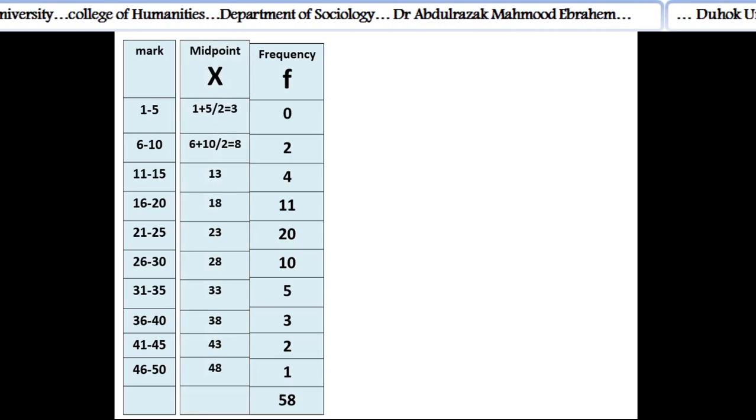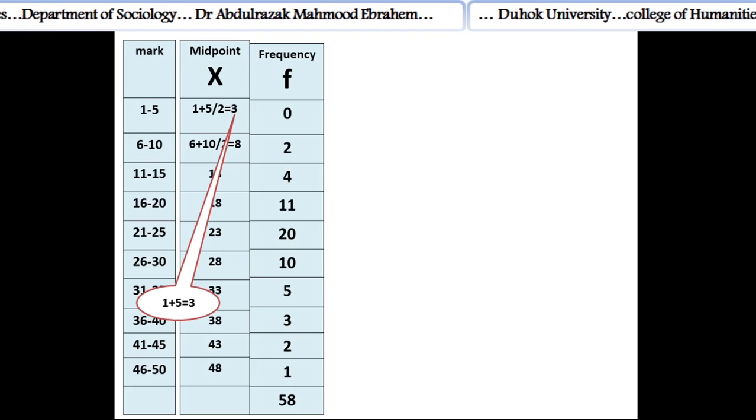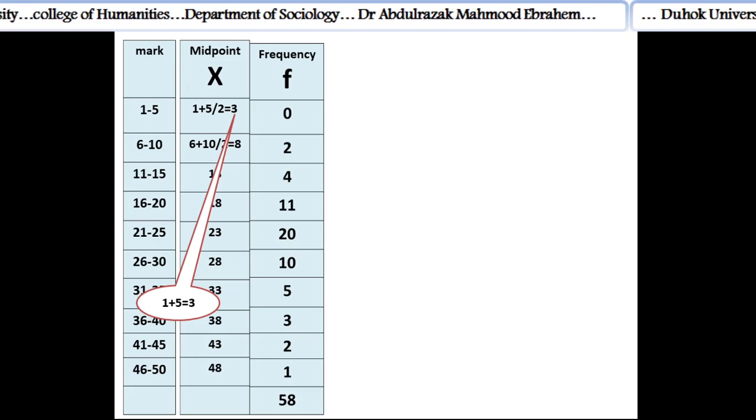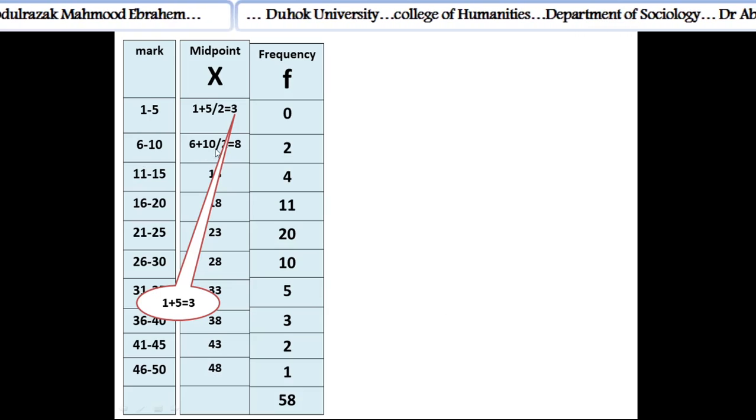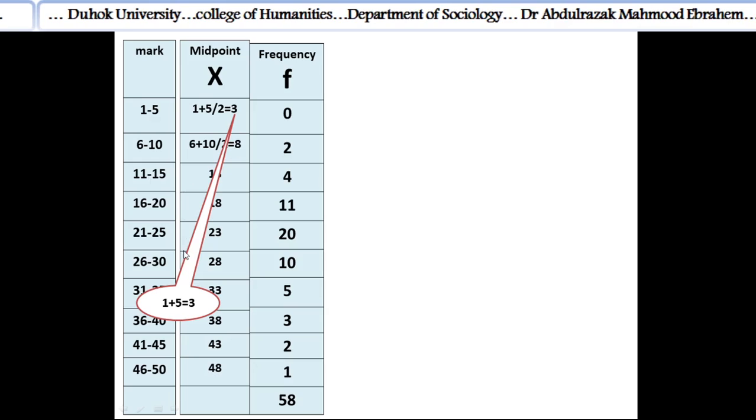In it, the midpoint x, from where we can calculate the midpoint from the maximum and minimum mark of a category, the first category or second or third or any. 1 plus 5 divided by 2 equals 3, and 6 plus 10 divided by 2 equals 8, and so on for the other categories.